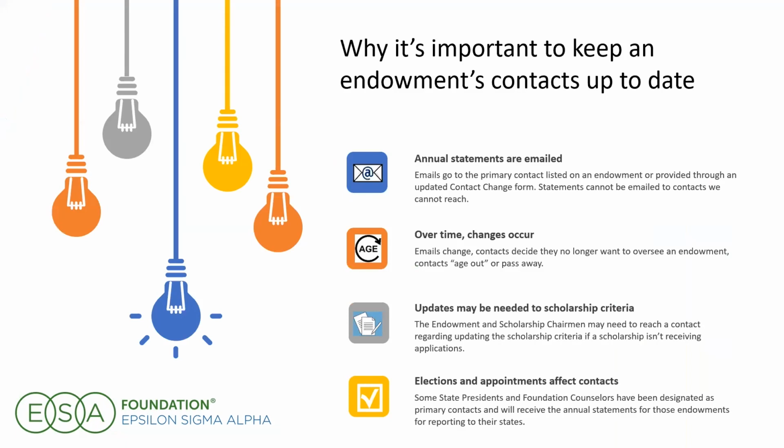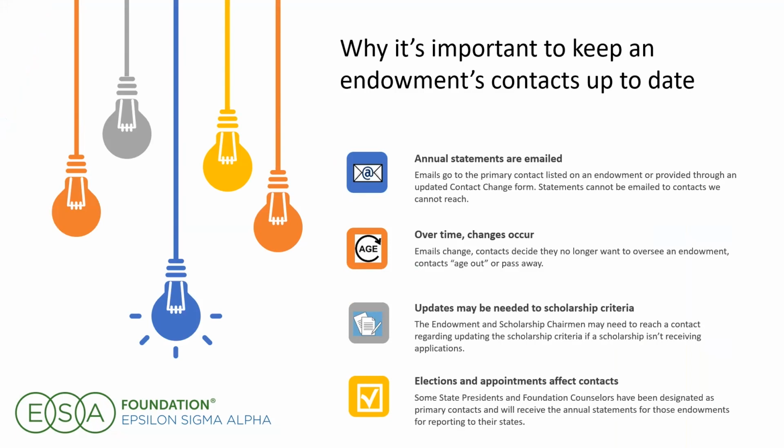It's important to keep those endowment contacts up to date, and there are several reasons why. First of all, the annual statements are emailed, and the emails go to the primary contact that's listed on an endowment or provided through an updated contact change form. We recently went through a period over the past year of requesting updated contacts.